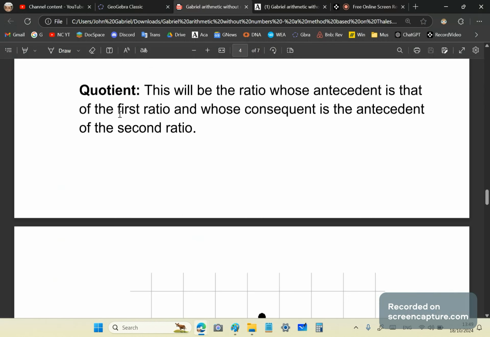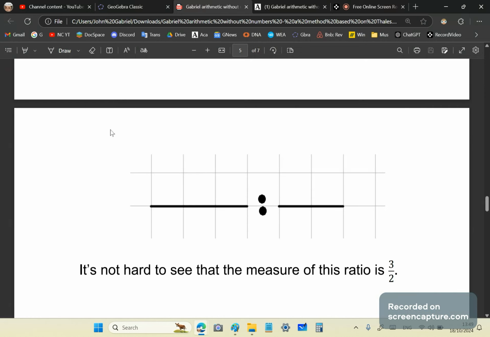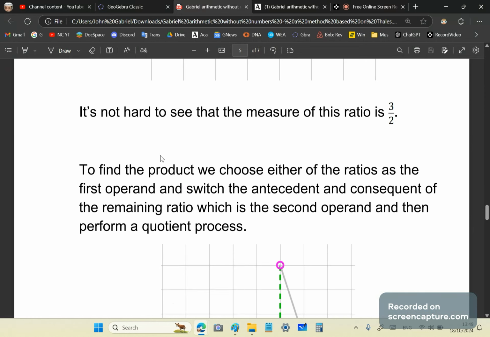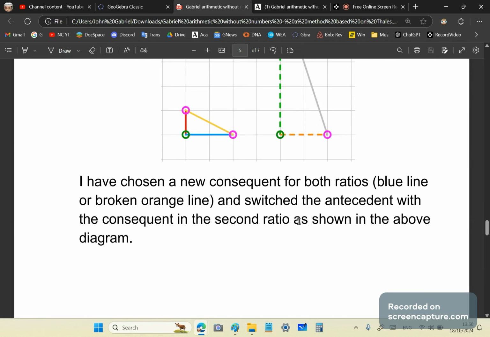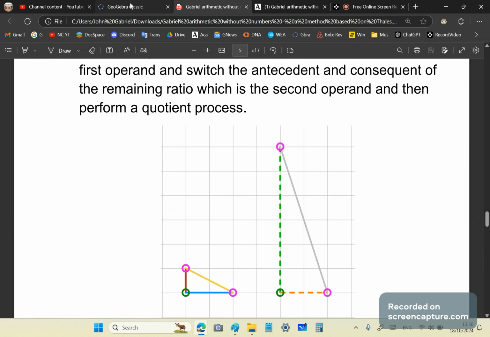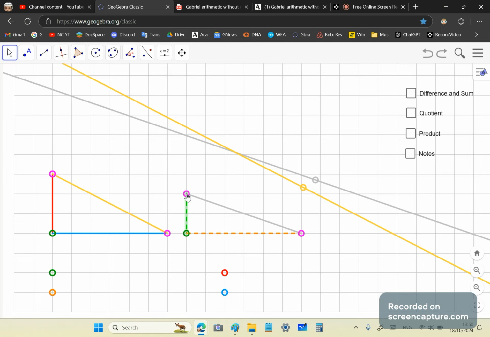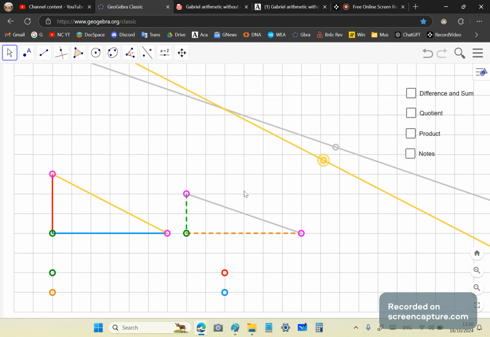Next, if you thought the product was hard, it's basically just a flipping around of the second ratio's antecedent and consequent, and then just doing a division again. So if we flip these around, this guy, just use the second one and make it 6.